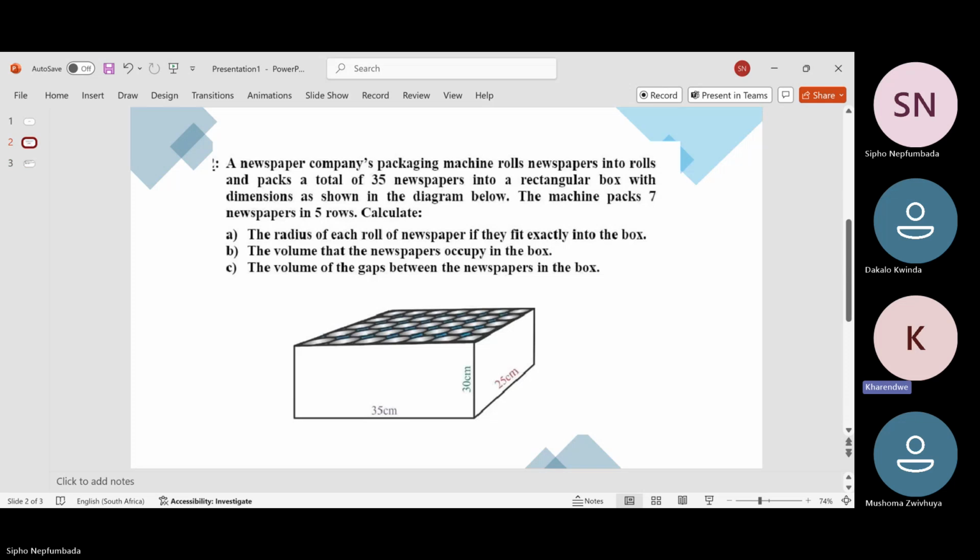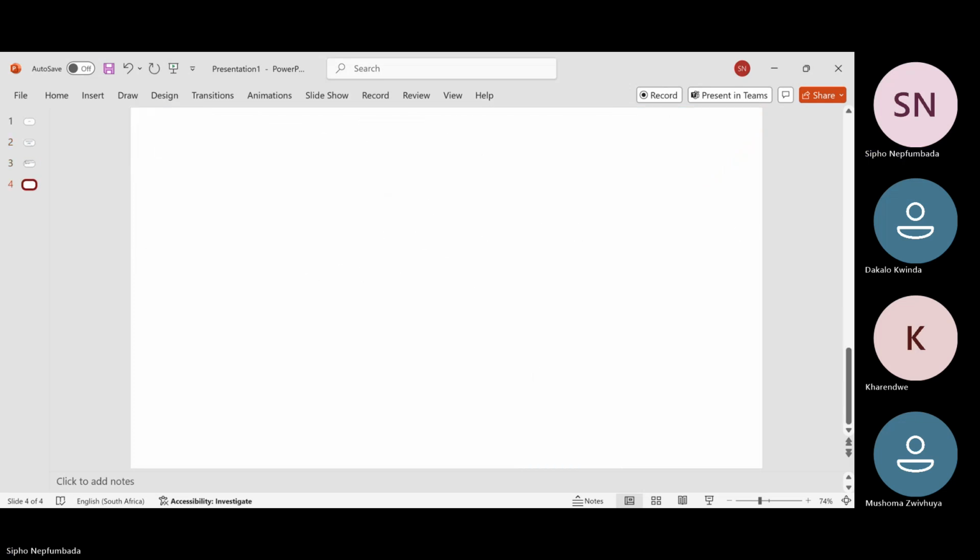The volume that the newspaper occupies in the box. Well, we need the volume. The box is 30 centimeters in height, so each newspaper is 30 centimeters in height. We know the volume is pi r squared multiplied by h.